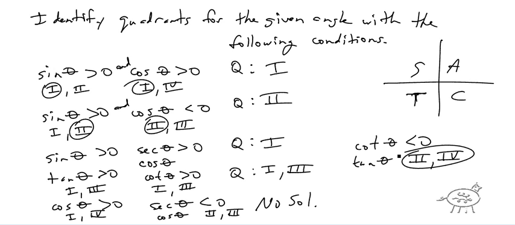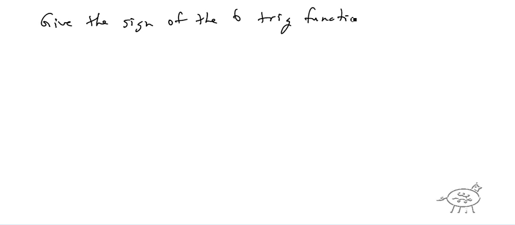All right, I'm going to ask you guys to give the sign of the 6 trig functions given the angle. So what I'd like you to do is make 1, 2, 3, 4, 5, 6, 7, 8 columns in your notes.